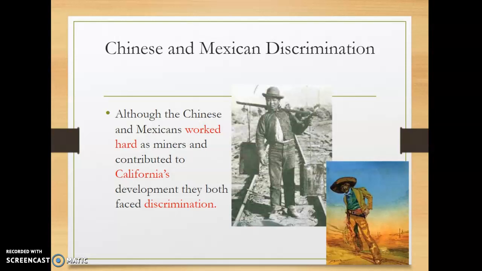But for about 40 or 50 years, Chinese are not allowed to come to the United States. And of course, Mexicans face a tremendous amount of discrimination, just like we saw earlier with the Irish, also facing discrimination, even though they helped build the Transcontinental Railroad, and continued to be persecuted while they were here.